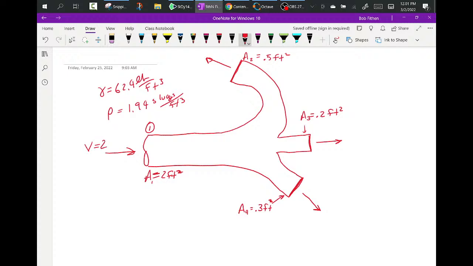Let's say the velocity in here is 20 feet per second. So I'm going to figure out the Q, which is A times V. We're going to assume all of these are jettisoned fluid out.